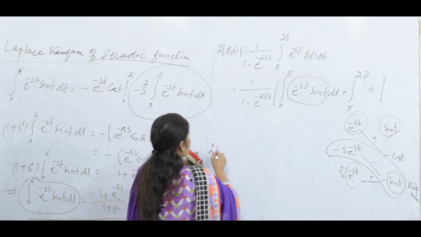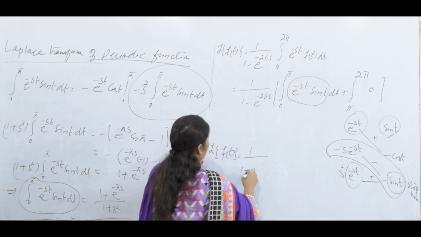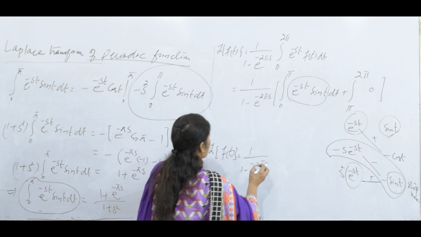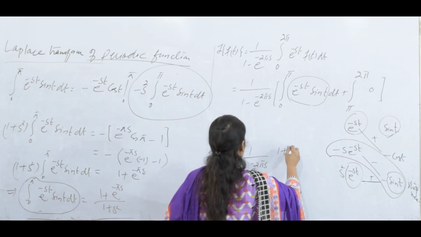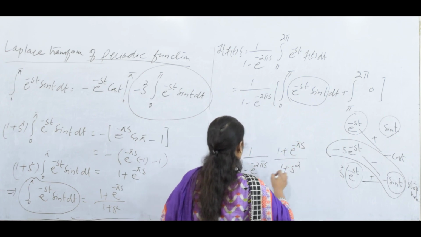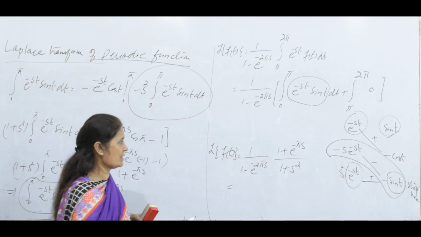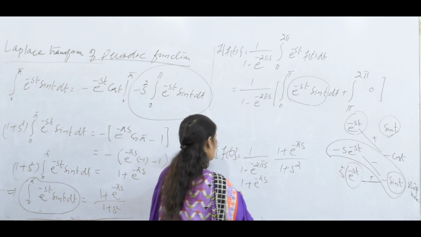So the Laplace transform is now 1 minus e to the minus 2 pi s, times 1 plus e to the minus pi s over 1 plus s squared. If you leave the answer there, that's okay, but if you can simplify a bit further, you can do it.